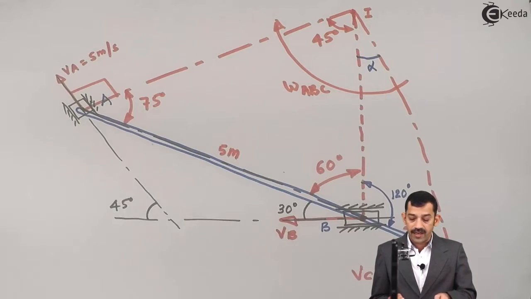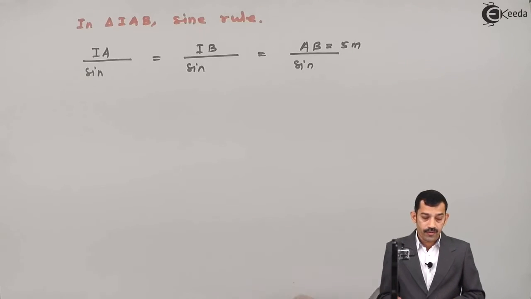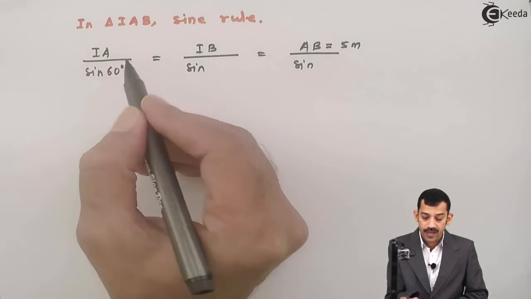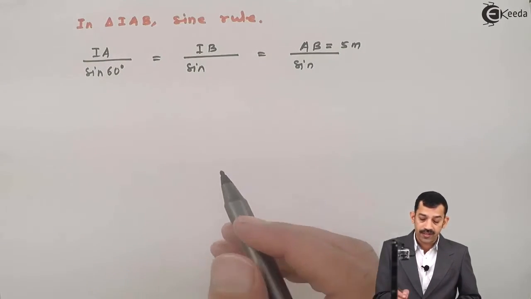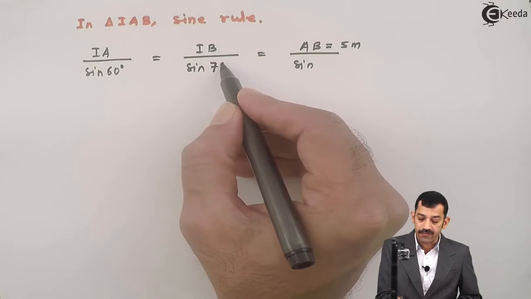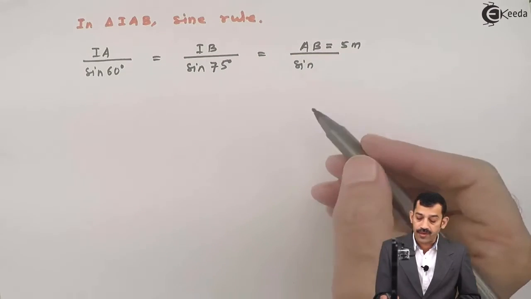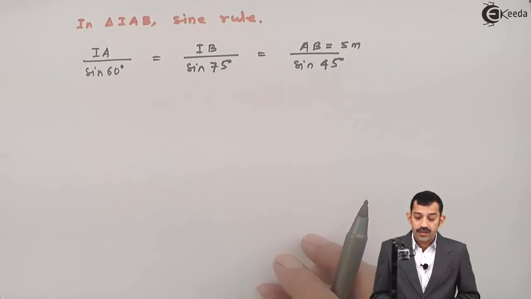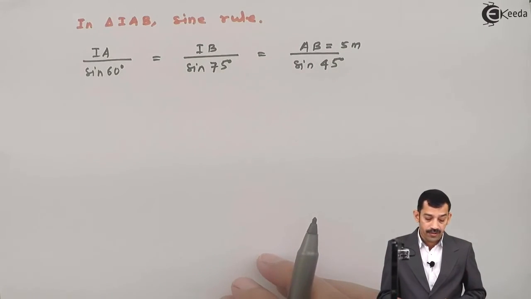That means if we add the angles here, IA upon sine of opposite angle, which is 60 degree, IB upon sine of opposite angle is 75 and AB upon sine of opposite angle is 45 degree. Using calculator we'll find out these values.